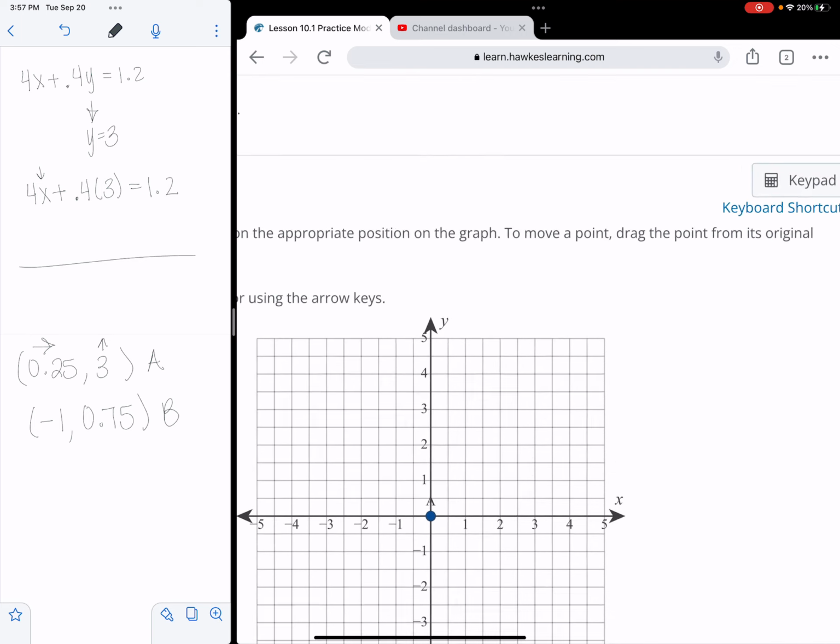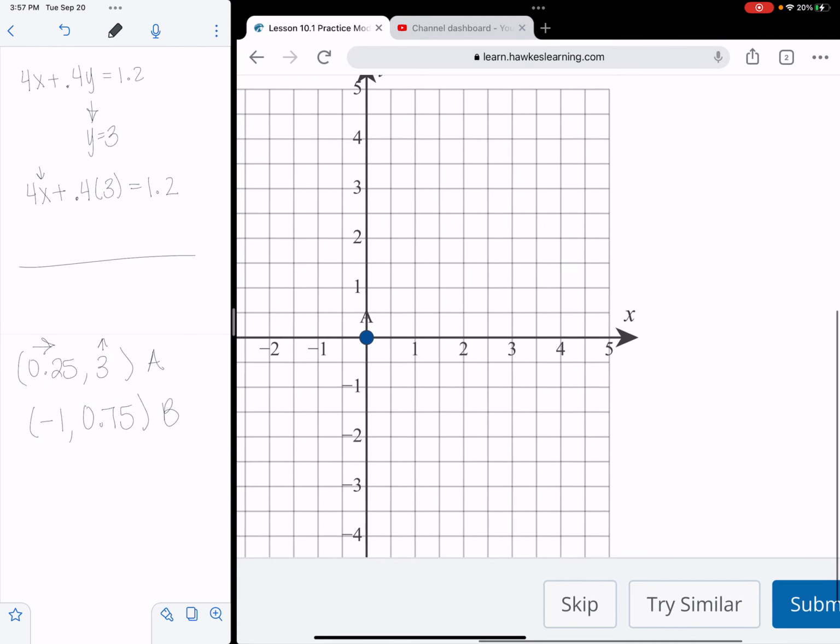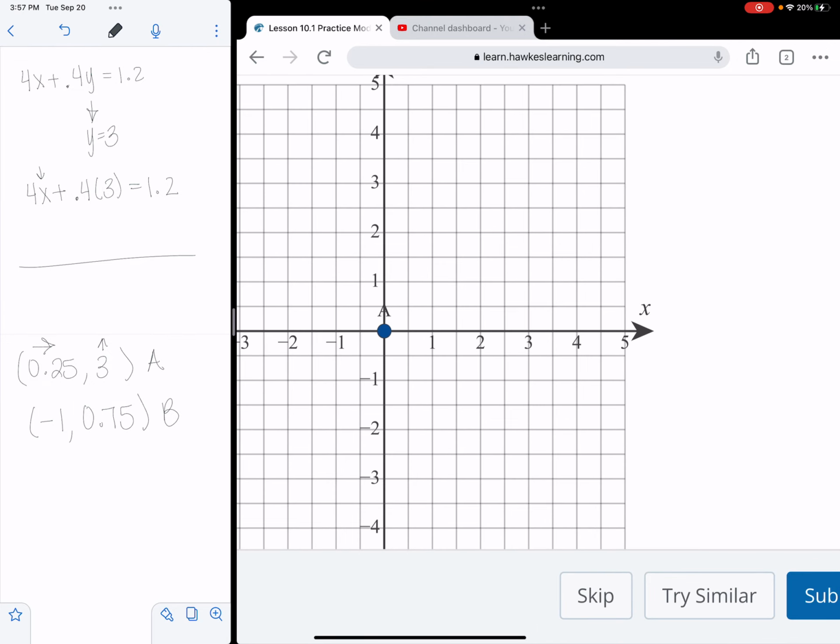Now notice, I'm going to try and zoom in. Notice that 1, I skip a space, and then that's 1. So here where my point is, in that middle between 0 and 1, that would be 0.5. 0.25 is going to be halfway between 0 and 1/2.